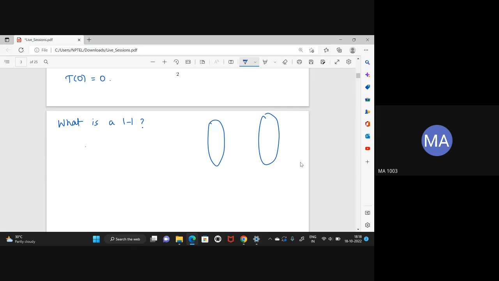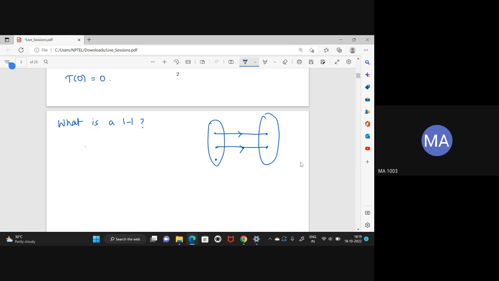One input should have one output. I mean, one input will have only one output, but two inputs cannot go to the same output, right? Each and every input has its own unique output. Fine. So this is a one-to-one map. A map that goes to unique outputs is a one-to-one map.